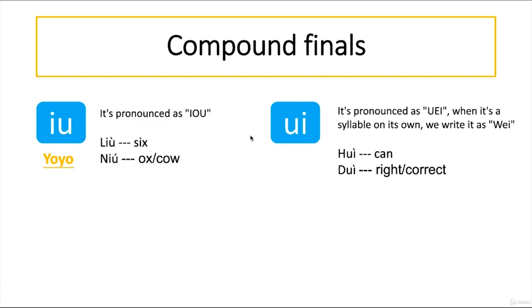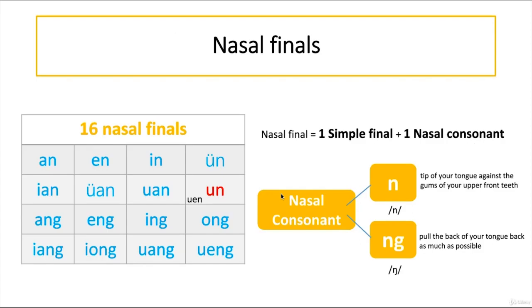Let's take a look at the next group, nasal finals. There are 16 of them. They are an, en, in, un, yan, yuan, wan, wen, ang, ing, ong, yang, yong, wang, weng.